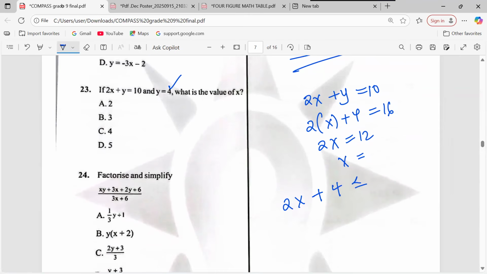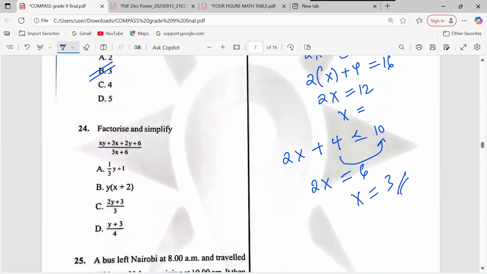Then after that, we can talk about equals to 10. So this subtraction will give us 6. And the value of x becomes 3. Yeah. The value of x becomes 3.